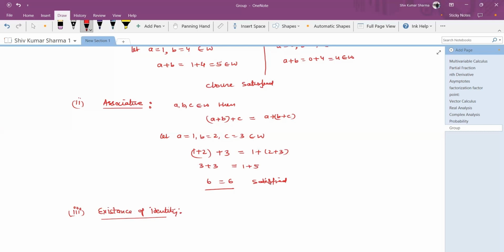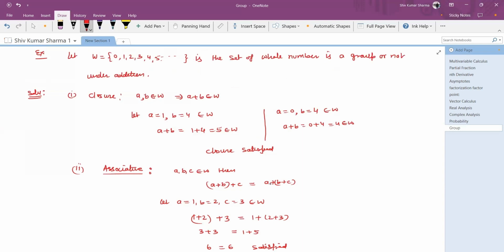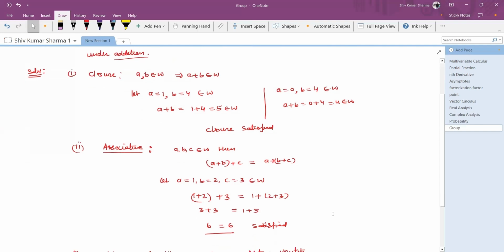So zero is the additive identity. Additive identity means under addition, we are taking the operation as addition. When we perform under addition, we take 0 as the additive identity, and when we take multiplication, our identity element is 1.